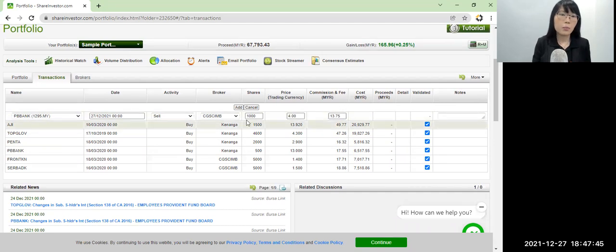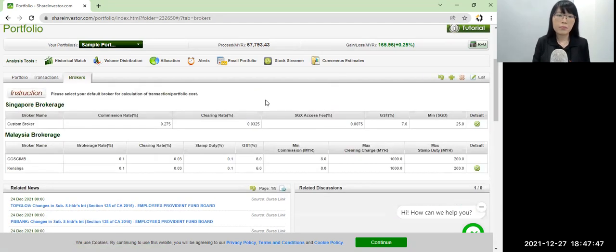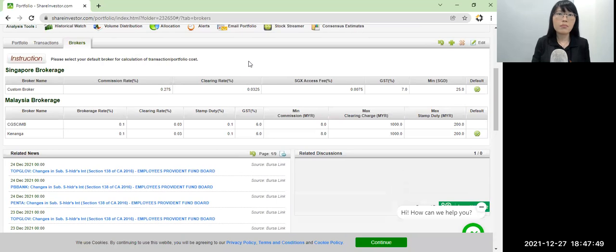Next is the brokers. You can pin your broker's information. For example, your broker gives you this much of brokerage fees. So you just key in all the details such as clearing fees, stamp duty, GST, and so on.